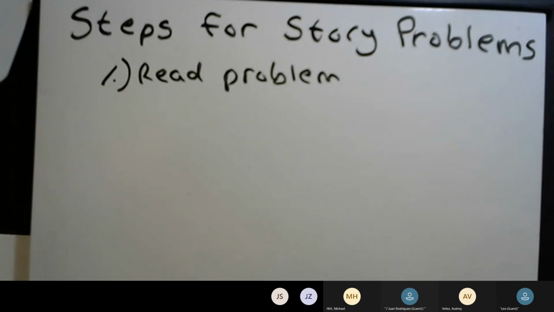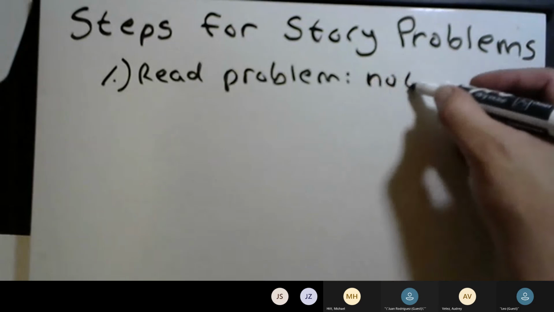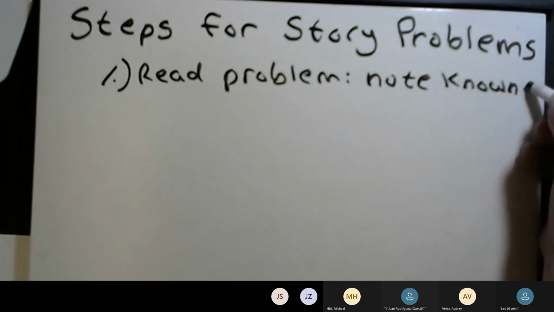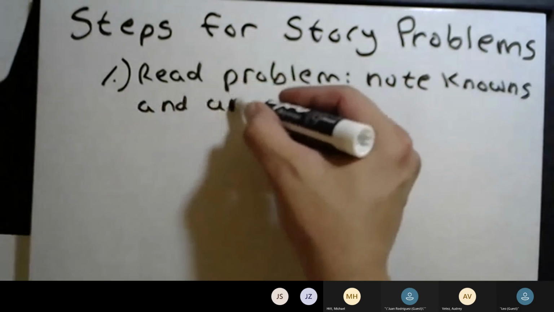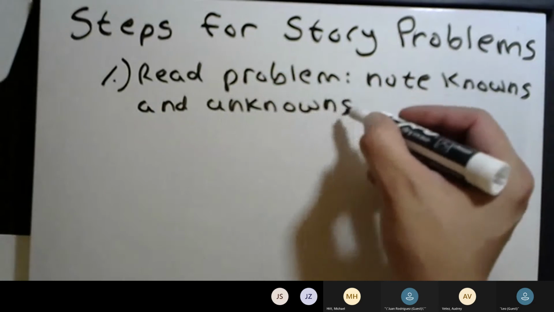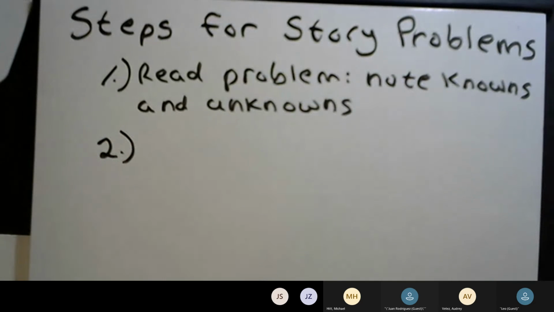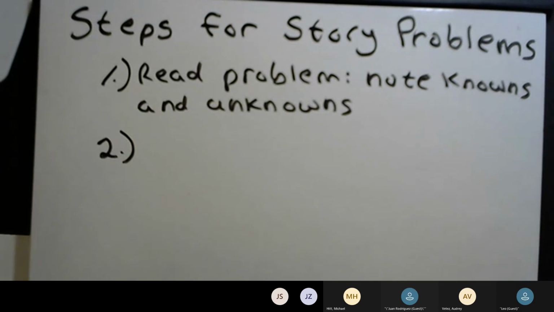And you want to note, and this is key, knowns and unknowns. This helps us check if we understand what's going on.